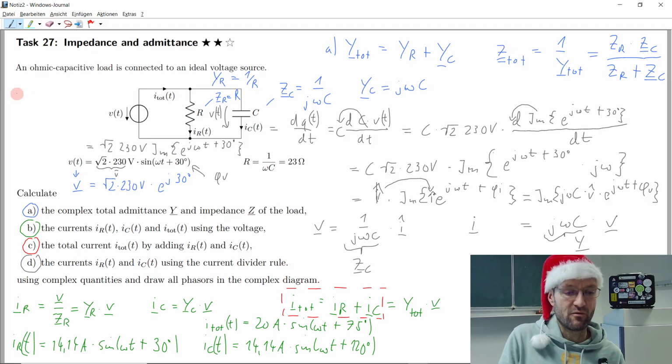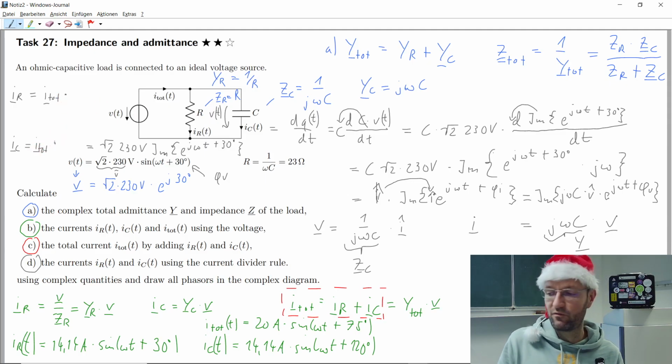And maybe I will write this here. If I want to have the current IR from the total current, or the current IC from the total current, how would my current divider rules need to look?